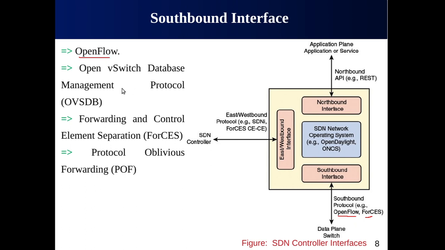OVSDB, as the name indicates, V is for virtual. So it implements virtual switching, and that is interoperable with almost all popular hypervisors, the concept of virtual machine hypervisors, and things like that.